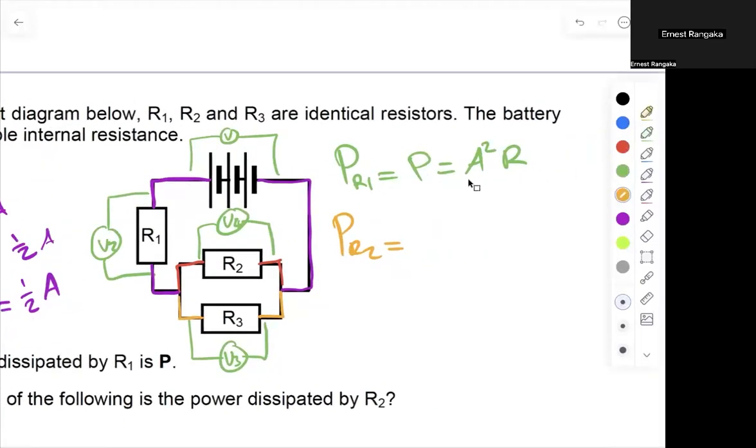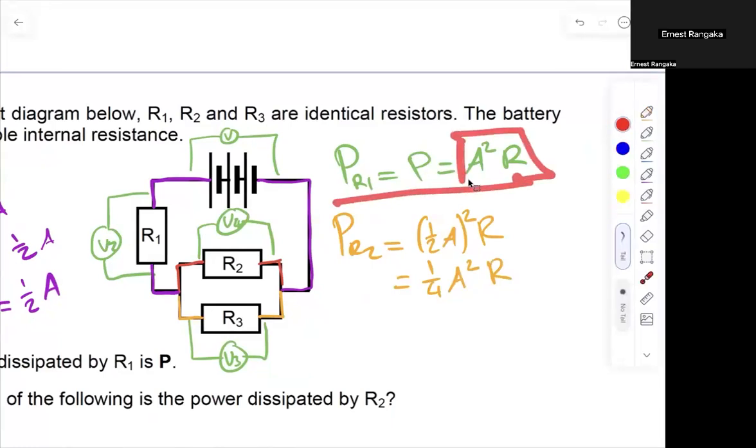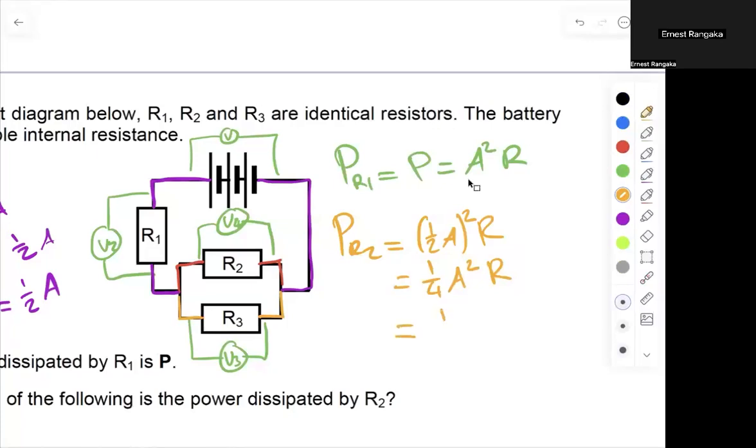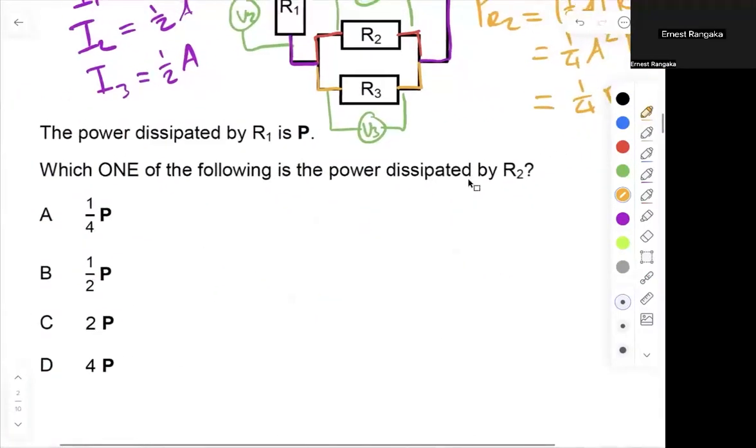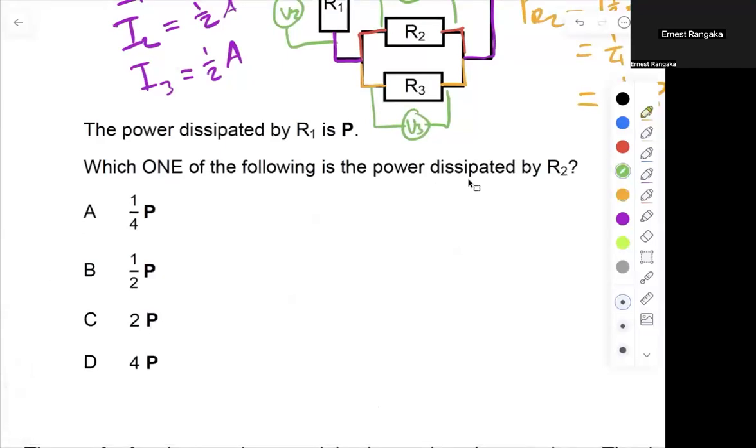So I'm going to end up with half A squared times the resistance, which is the same, just R. If I work that out, I need to square the half and the A, which gives me half squared is 1/4, and A squared, times R. Now, if I compare those two, the power within R1 is A squared times R. The power within R2 is 1/4 A squared times R. So basically, it's the same thing as 1/4 P. And when we're looking at 1/4 P, we can see that the correct answer is A, not B or C or D, right?